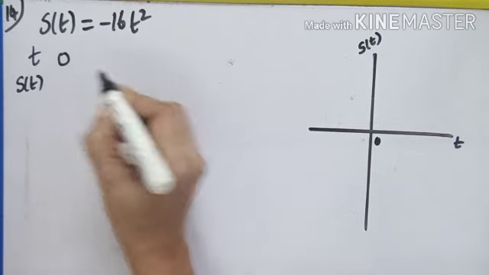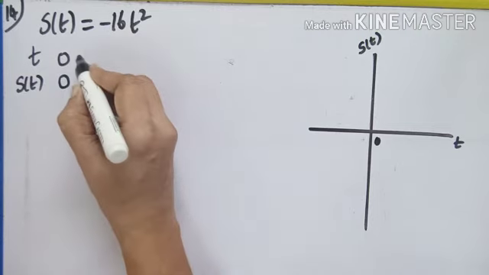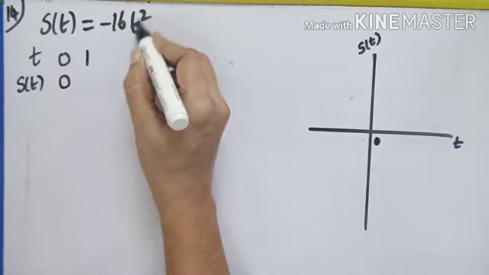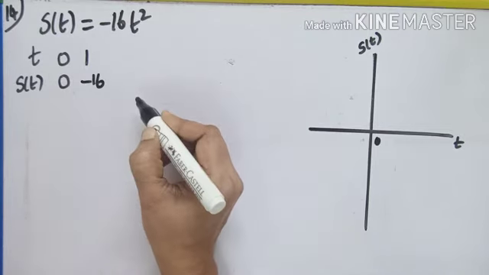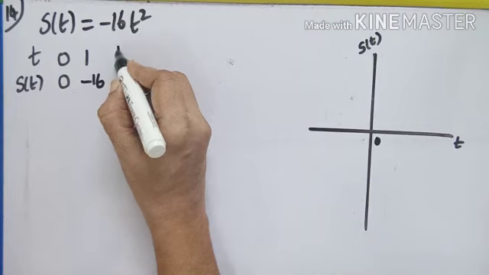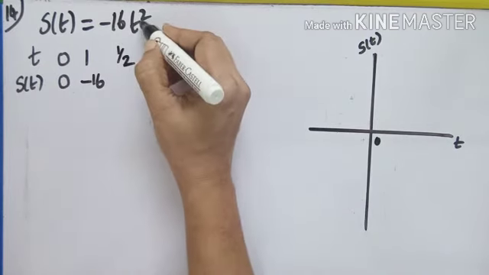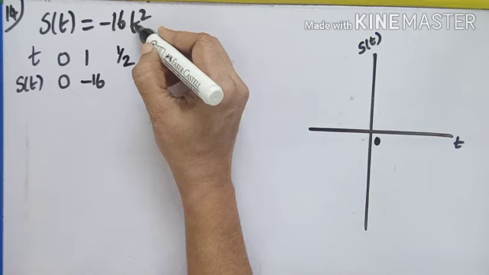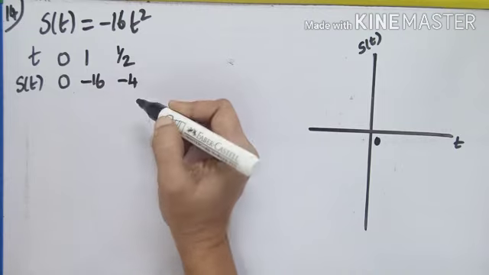Put t is 0. Minus 16 into 0 is 0. Put t is 1. t square is 1, into minus 16. Put t is say 1 by 2. 1 by 2 square is 1 by 4. 1 by 4 into minus 16 will be minus 4.